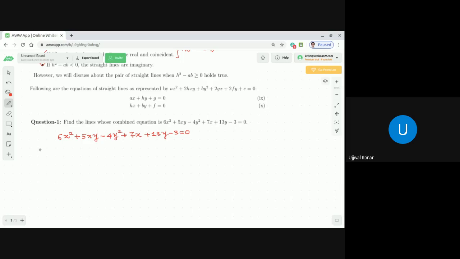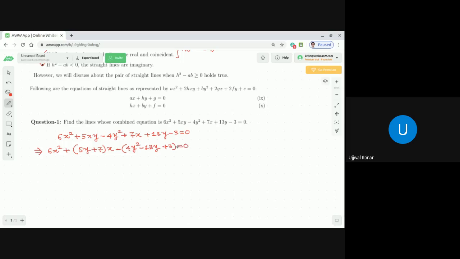How to write it? It is 6x square plus (5y plus 7) into x, correct, dear students? Minus the constant term, which I'm going to write as 4y square minus 13y plus 3 equal to 0.